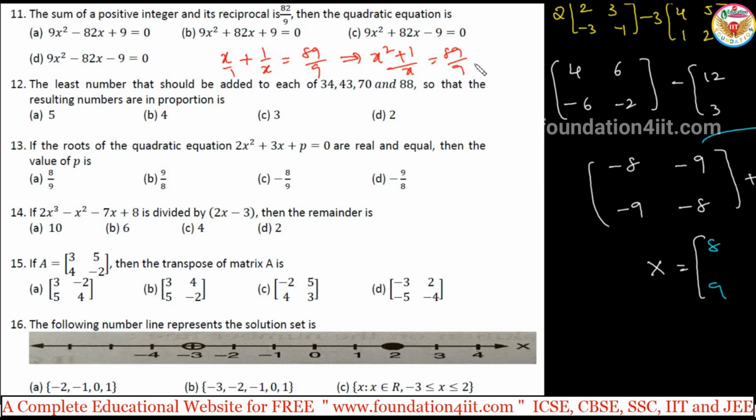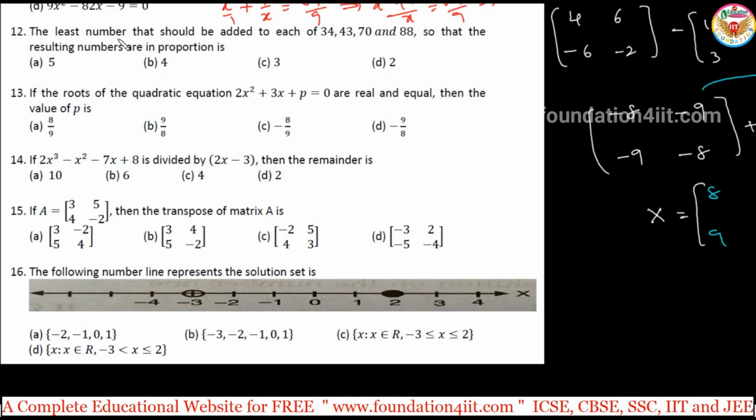Do cross multiplication. Then 9x square plus 9 is equal to 82x. Take 82x inside, and option A will come. 9x square minus 82x plus 9, which is the quadratic equation asked.